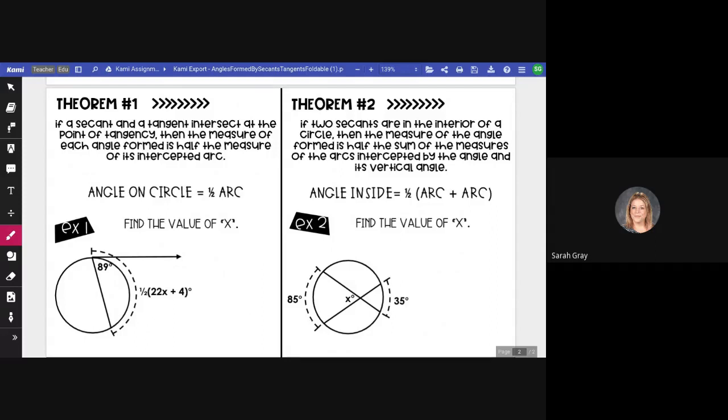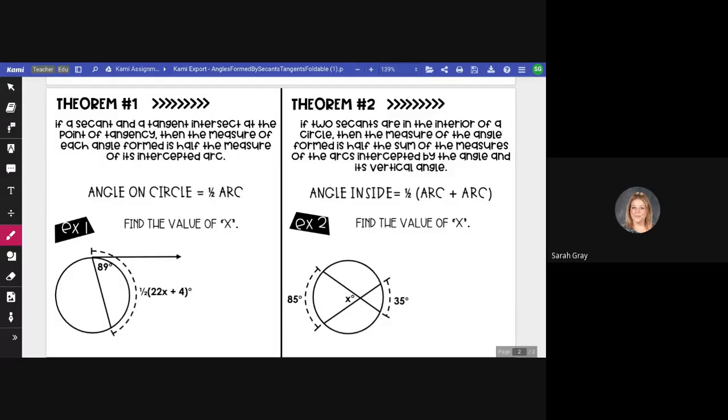Okay, first of all, what is a tangent? Good. It is a line that's going to be perpendicular to a radius. It hits that circle in one spot along its circumference.